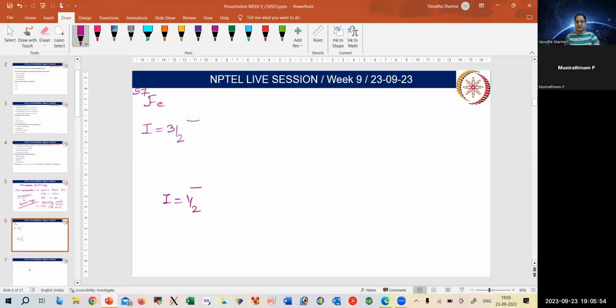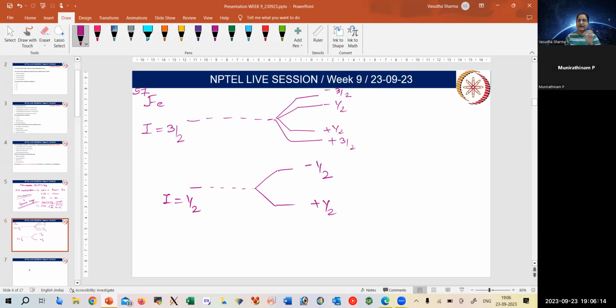Here, when we have this kind of splitting, for I equals 1/2 we have -1/2 and +1/2, and for I equals 3/2 we would have 4 states: +3/2, +1/2, -1/2, -3/2.